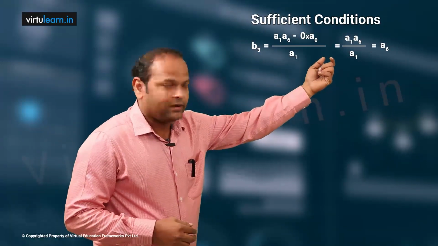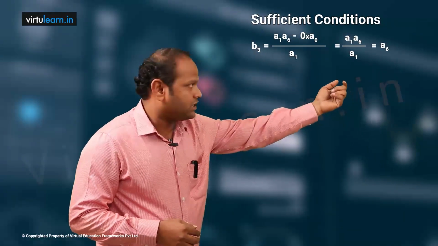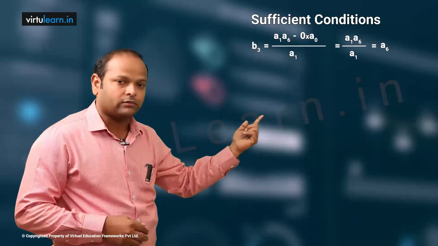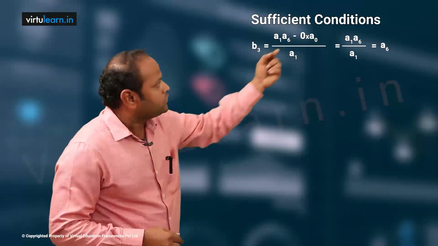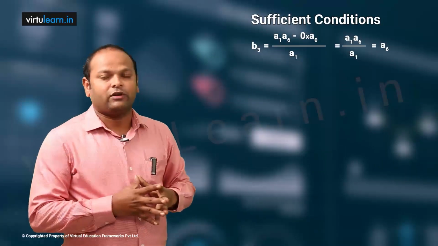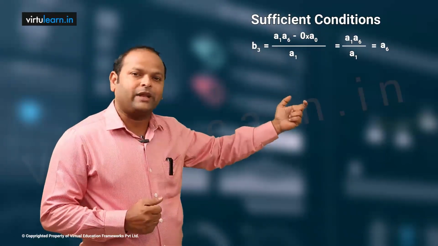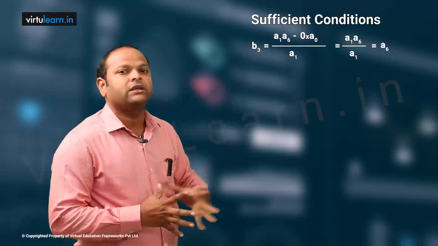Whenever there is an element and below it you find 0, that element is carried forward, as shown by the arrow. So you need not do the calculation for B3. B3 is directly A6.